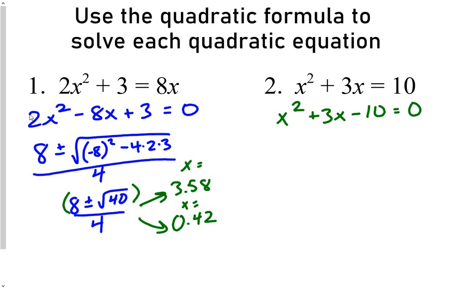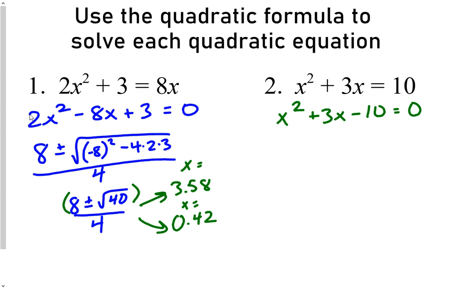Because let's take a look at this problem. Okay, it begins with an x squared. So we know that a is 1. Now, when I look at a problem like this, I feel like this looks familiar. Might this be factorable? Can I say that maybe there are 2 numbers that add to positive 3 and multiply to negative 10?